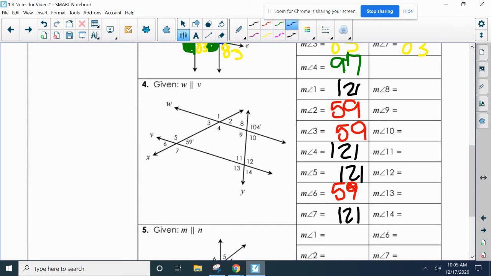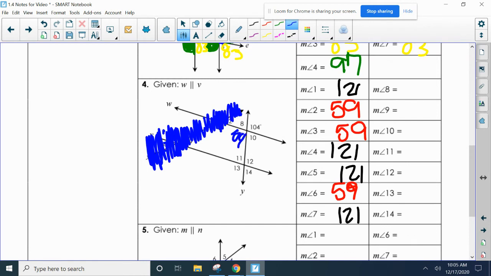That wasn't so scary. Now look. This scares my kids all the time. Every time they see something like this, they're like, we can't do it. Yes, you guys can. You can do the transversals. There's just 2 of them. All right. So work them out separately. That 104 they give us and 9 are vertical.